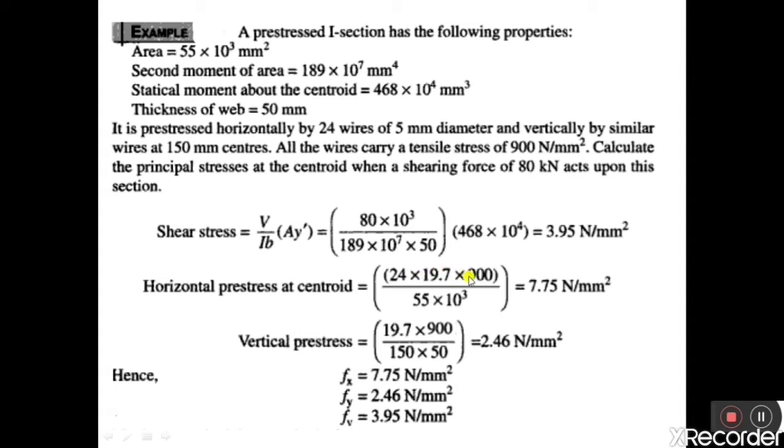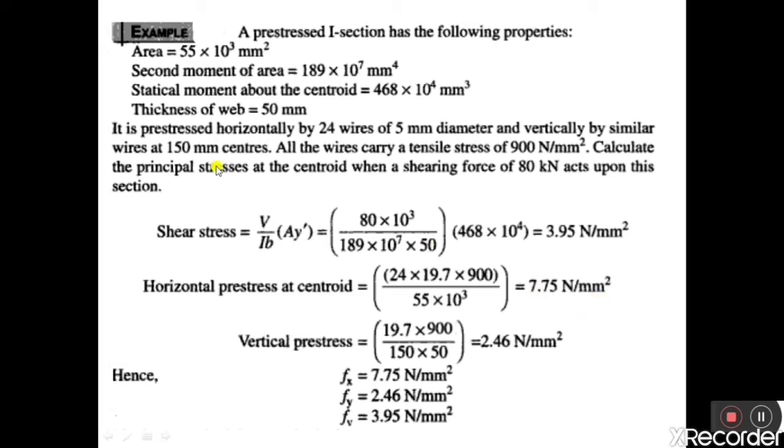So area into stress gives us the initial prestressing force, divided by the area of the section. The area of the section is given, that is 55 into 10 to the power of 3 mm square. Substituting the value of area in the denominator, we get horizontal prestress at the centroid equal to 7.75 Newton per mm square. Therefore, f of x is equal to 7.75 Newton per mm square.